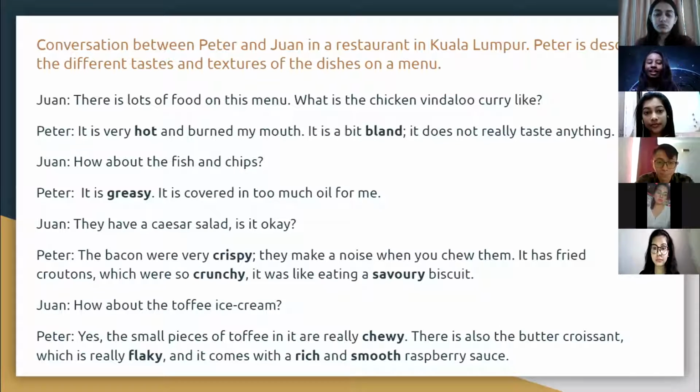All right, moving on to the next word, rich. Rich is basically a food that contains a lot of saturated fats, right? If the food is rich, it contains a large amount of oil, butter, eggs, or cream. Can someone tell me what is the most favorite rich food that we all love to eat?